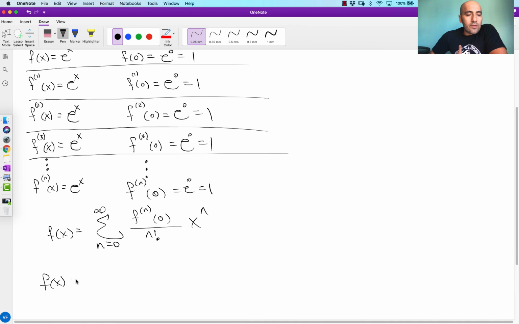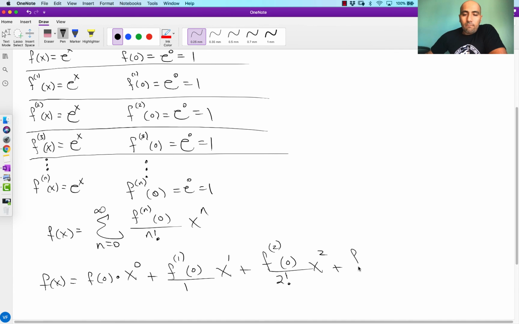So that means that if we write this out, we're going to end up with the original function, f of 0, times x to the 0 power, all over 0 factorial, plus the first derivative evaluated at 0, divided by 1 factorial, x to the 1 power, plus the second derivative evaluated at 0, over 2 factorial times x squared, plus the third derivative evaluated at 0, over 3 factorial x to the third power, plus dot dot dot.